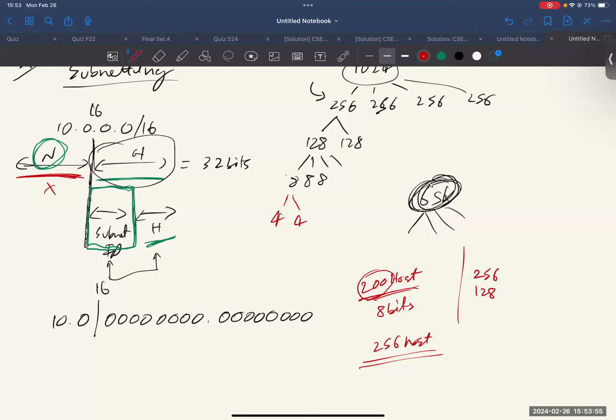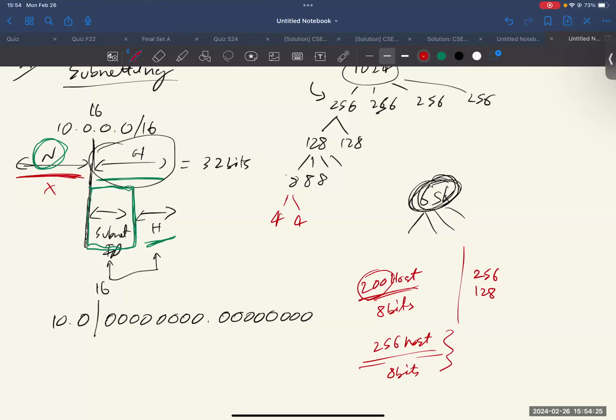For 256 hosts, 9 bits. Why is that? Because there are 2 addresses I cannot use. Right. So if I take 256 addresses and say I will use 8 bits, there are no IP addresses free to be assigned as the network address and as the broadcast address, right?